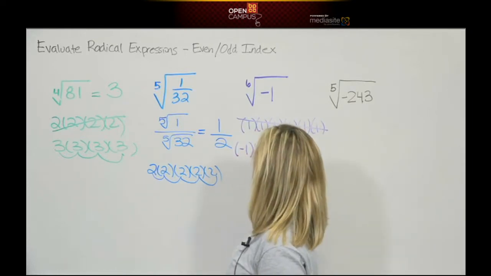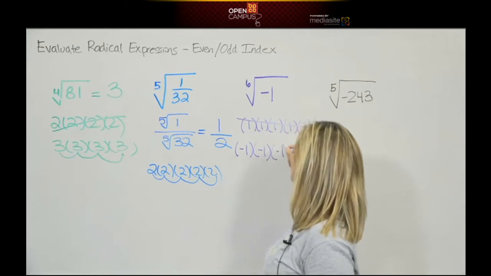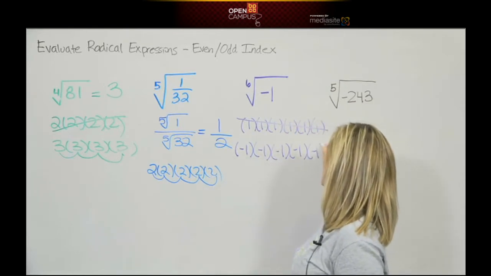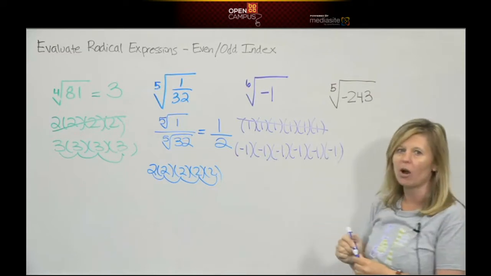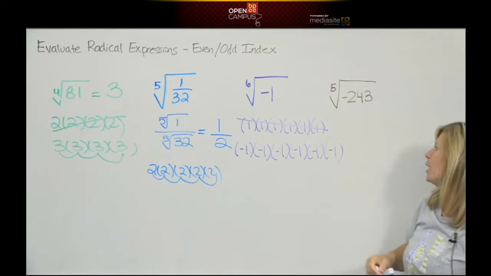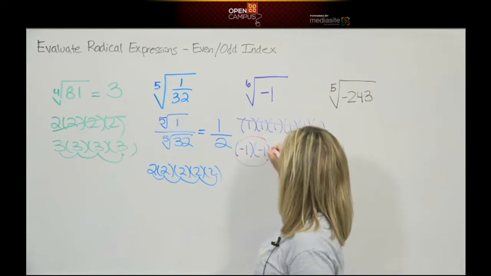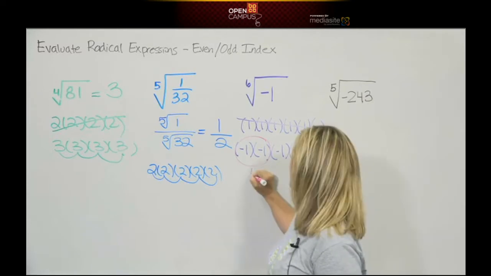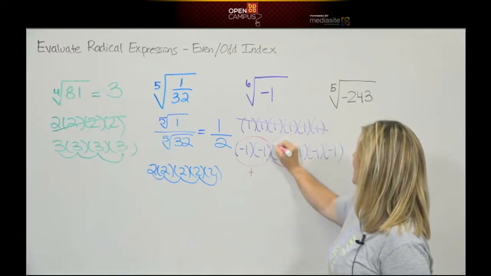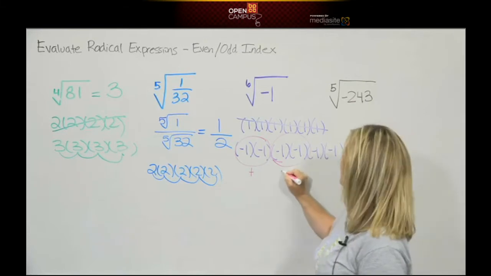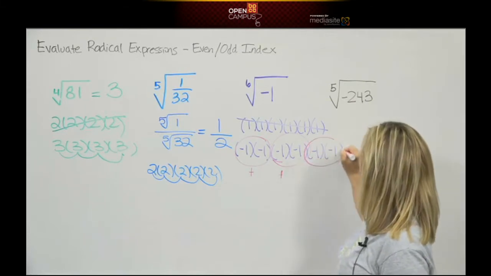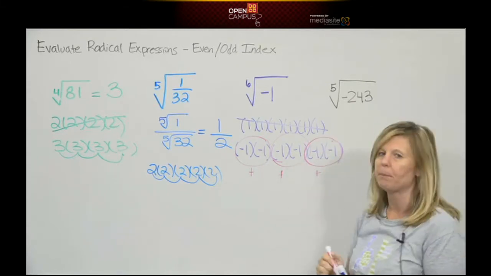Well, if we write -1 6 times and multiply it out, if we understand our rules of signs, we all know a negative times a negative makes a positive. And a negative times a negative makes a positive.